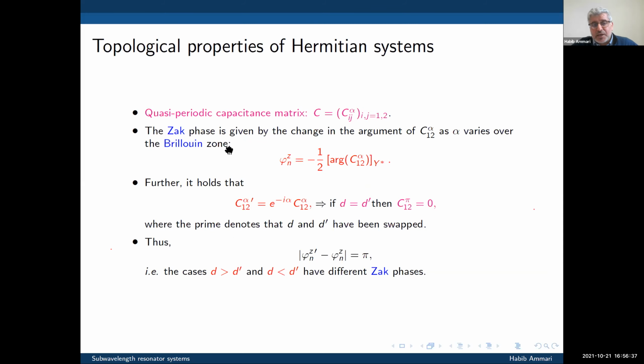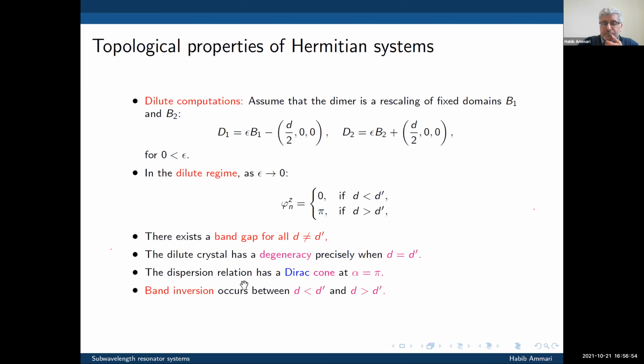And it turns out for us that the Zak phase is exactly the change in the argument of one of the entries of our quasi-periodic capacitance matrix. Great. We can compute, at least in the dilute regime, and we can show that it takes value pi if D is larger than D prime. It takes value 0 if D is smaller than D prime. And if D is equal to D prime, we have a Dirac cone. So basically, we are opening this Dirac cone into a non-trivial band gap.